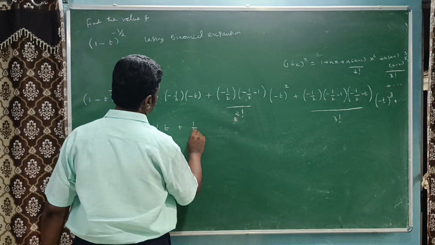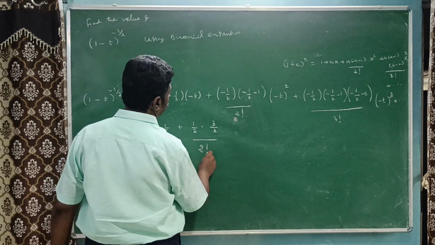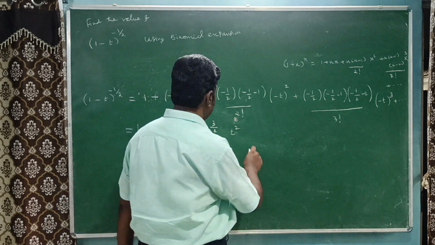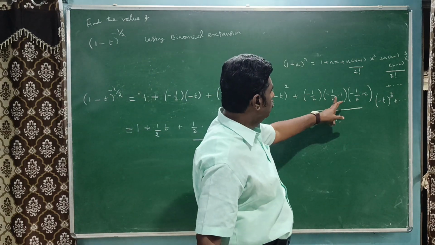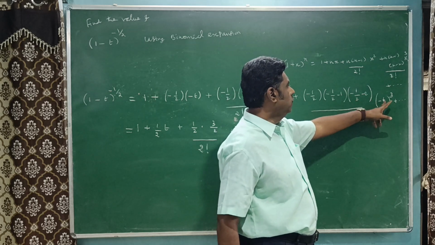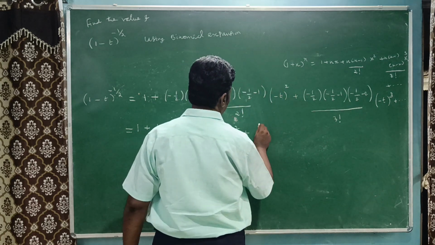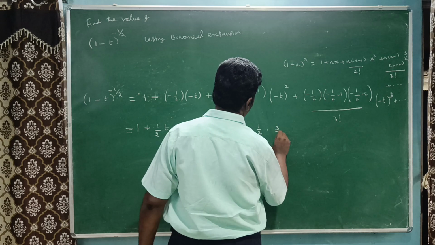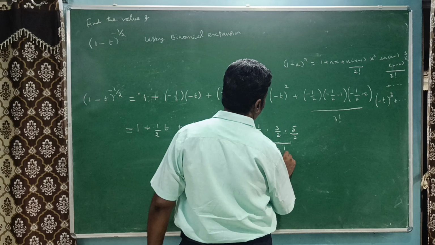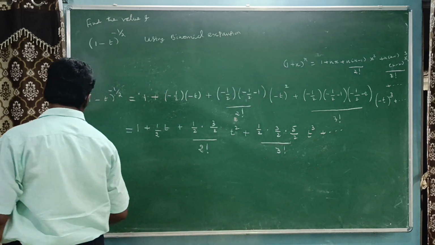All are expressed in positive: 1 by 2, 3 by 2, divided by 2 factorial, minus t whole squared, that is t squared. Here minus 1 by 2, minus 3 by 2, minus 5 by 2, and minus t whole cubed is minus t cubed. So the entire thing is expressed in positive terms: 1 by 2, 3 by 2, 5 by 2, divided by 3 factorial, t cubed, and the series is going on.